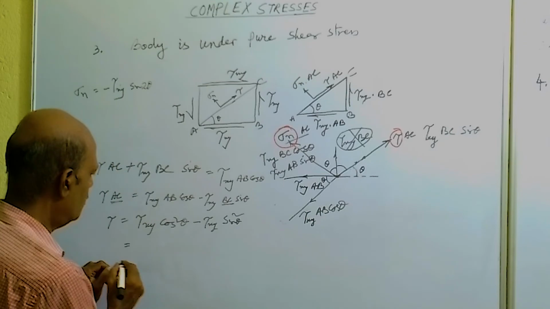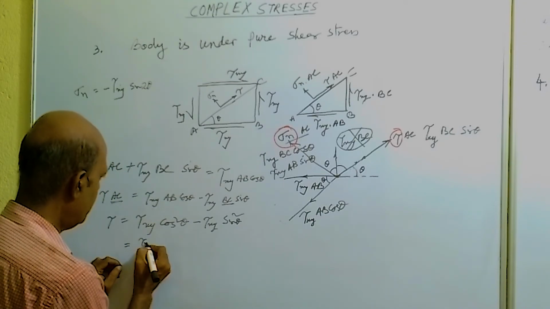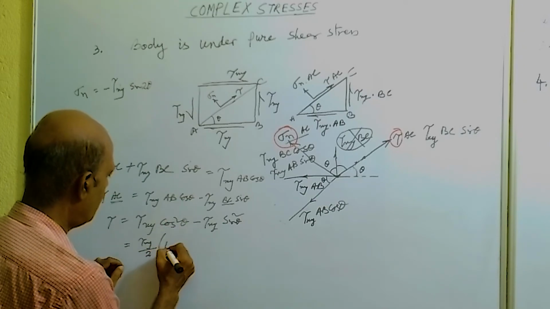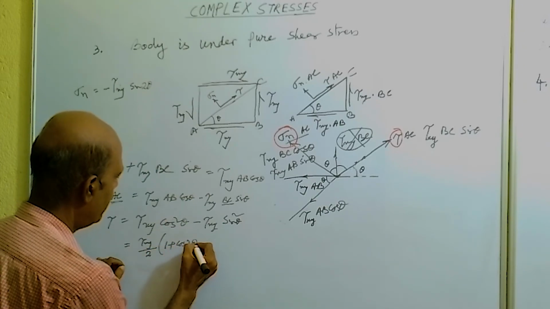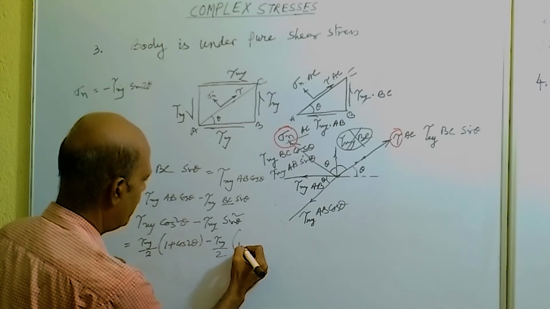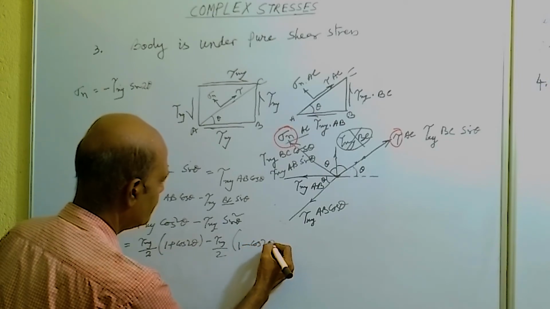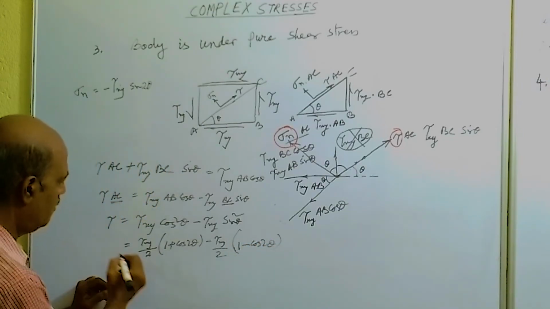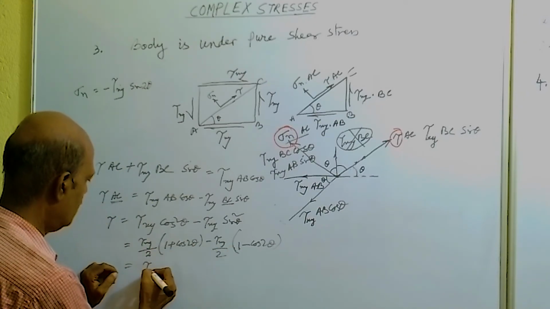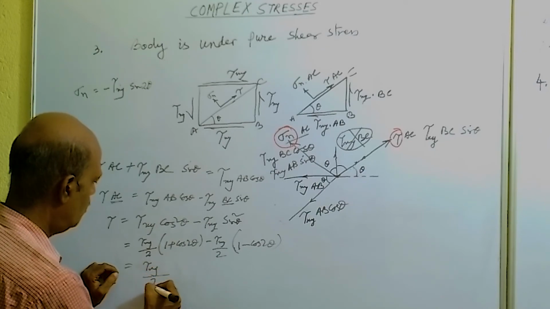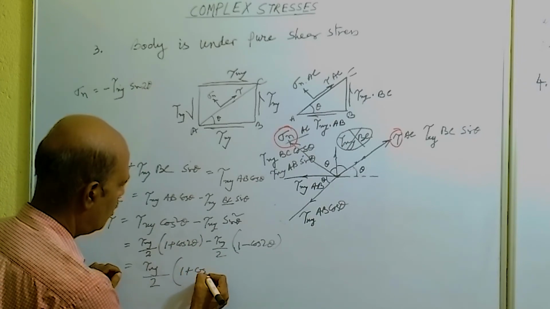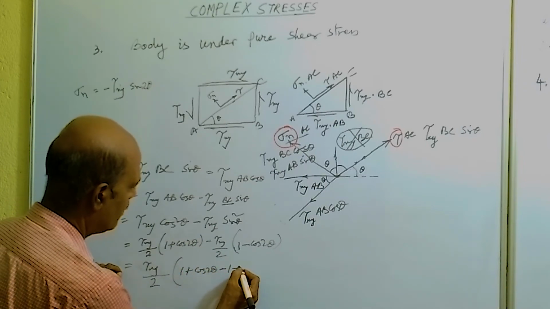So that will be equal to tau xy by 2 into 2 cos square theta, that is 1 plus cos 2 theta, minus tau xy by 2 into 1 minus cos 2 theta. We can take tau xy by 2 common, into 1 plus cos 2 theta minus 1 plus cos 2 theta.